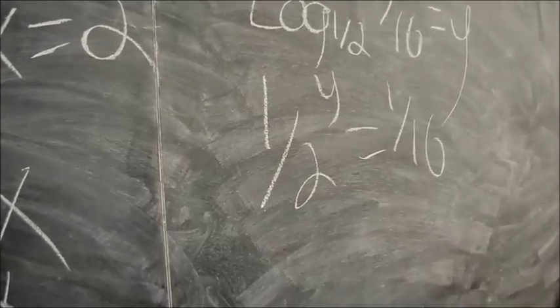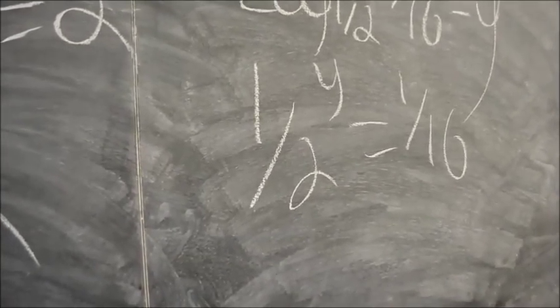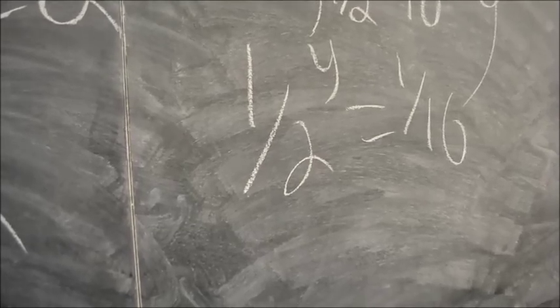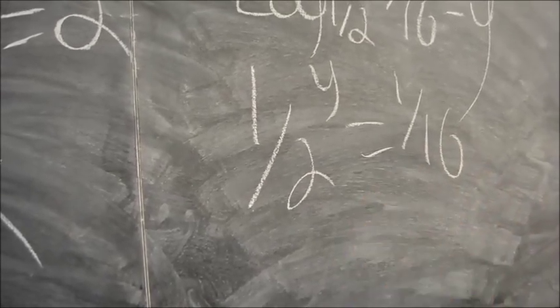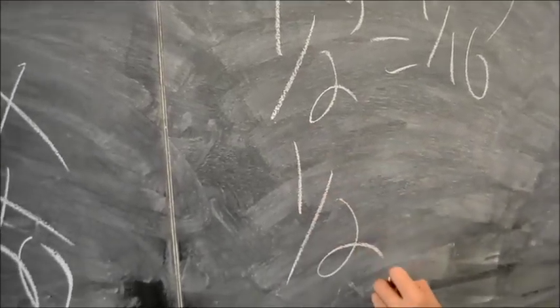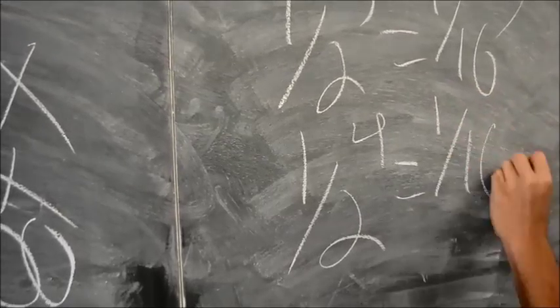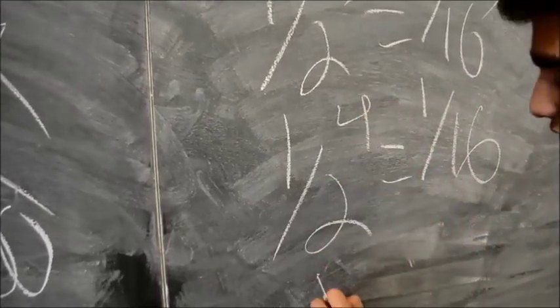And so a way to find this is to see what exponent as a number can fit into y, so that 1/2 to the power of whatever number equals 1/16. So we know that 1/2 to the power of 4 equals 1/16. So in this case, y would equal 4.